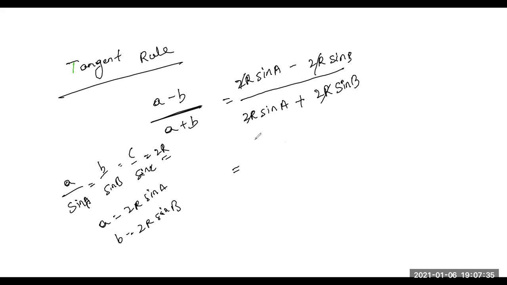The only thing that will remain is sine a minus sine b divided by sine a plus sine b. Now if you want to find the tangent, you need to convert this subtraction and addition into product.